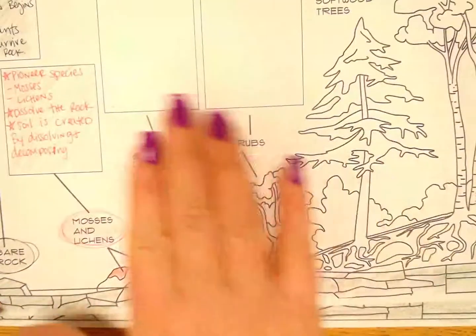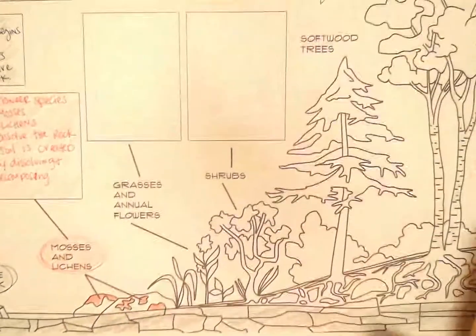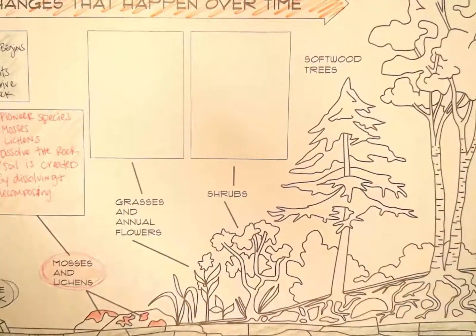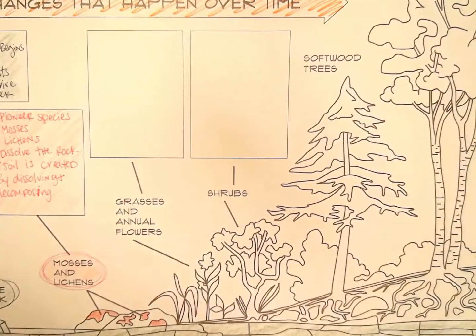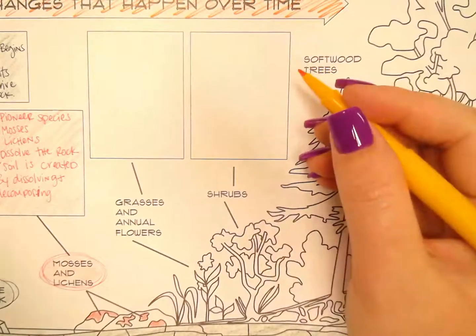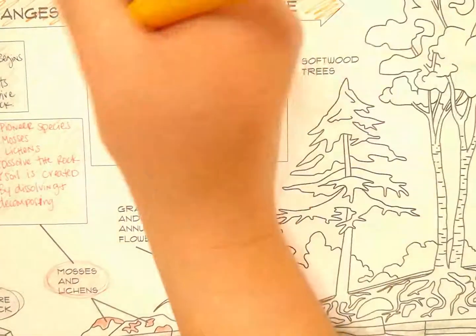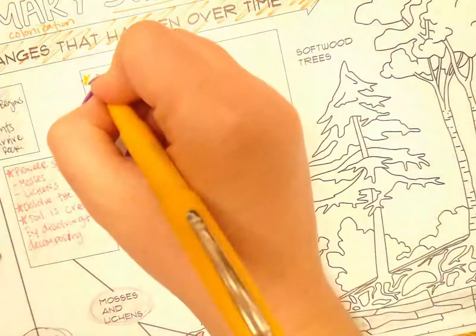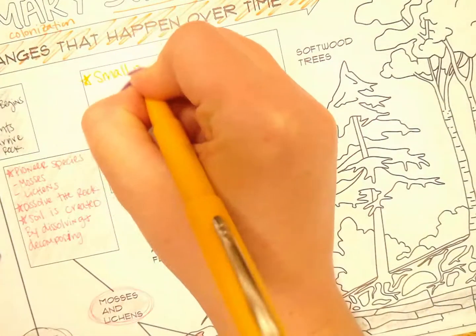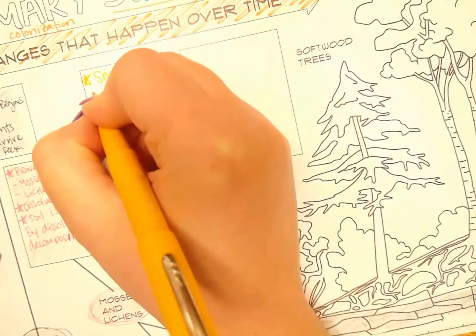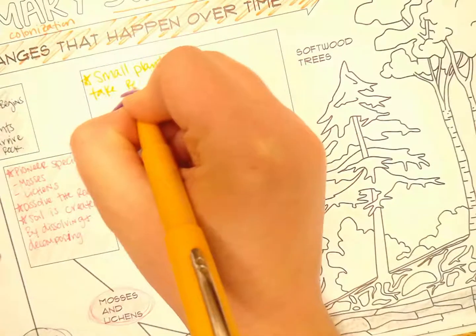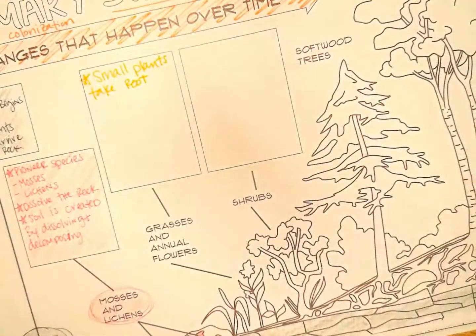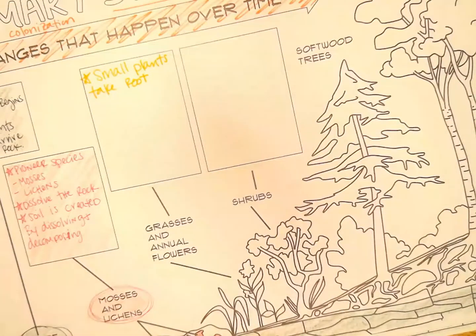after the mosses and lichens live on these rocks for years, sometimes centuries or longer, we start to see some small plants take root. So I'm going to use yellow for this one. So once the soil is created, small plants can take root in that soil, because the more soil, the larger the plants that can live there.